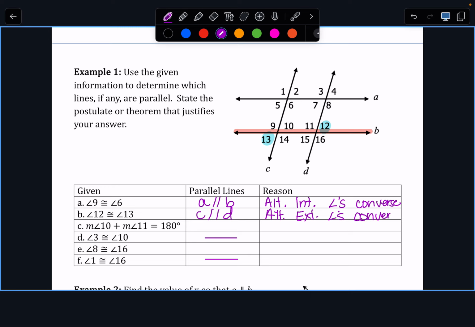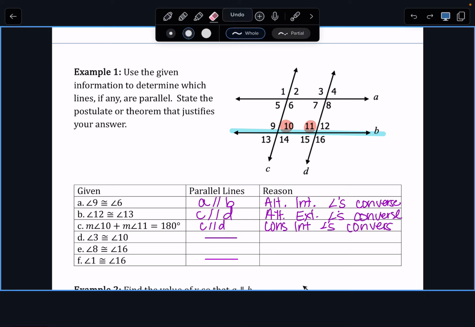Okay, excellent. 10 and 11 are supplementary. B would be our transversal, so who's parallel? Because of consecutive interior angles converse, they're supplementary, right?